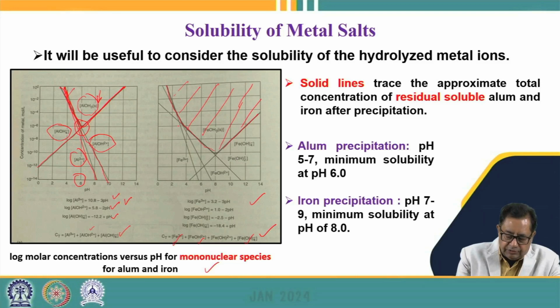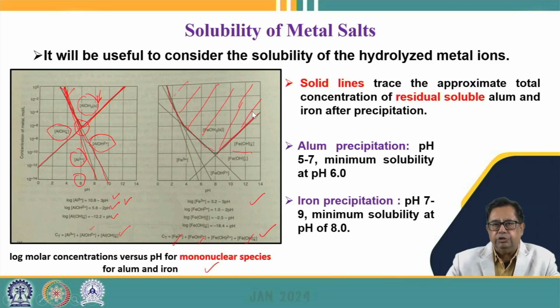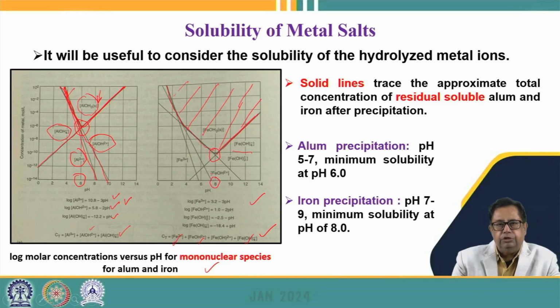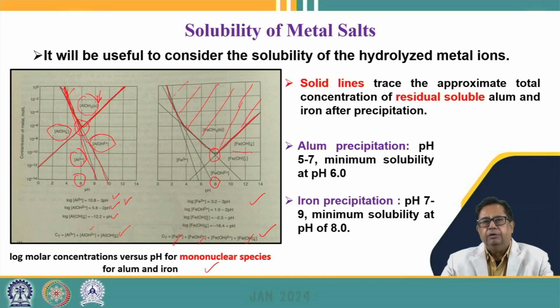For these lines, as for example the Fe3+ species, FeOH2+ species and Fe(OH)2+ species, the solubility decreases as the pH increases, whereas as the pH increases further, the Fe(OH)4- species have increasing solubility, because of which the solubility of the iron salts again increases. So here also we have an optimum pH value which is nearly 8 for the iron salts, at which the maximum precipitation as ferric hydroxide takes place.